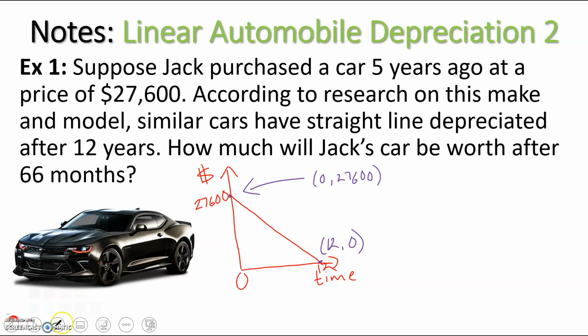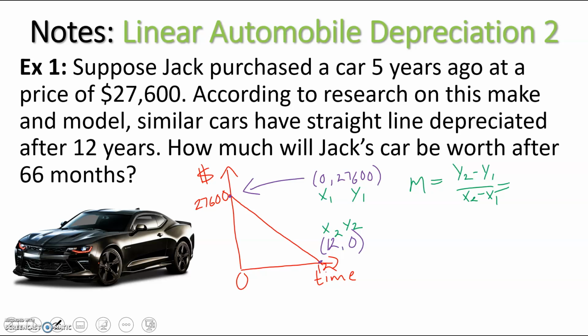The first thing we need to do is find the slope. Our slope, if you remember, is y2 minus y1 over x2 minus x1. Every point has an x and a y. Let's call this first point x1, y1, and the second point x2, y2.